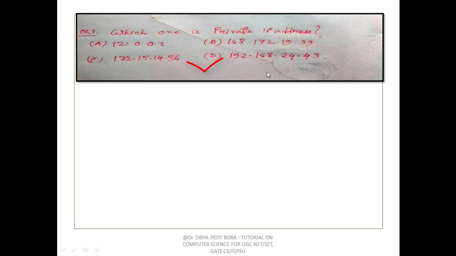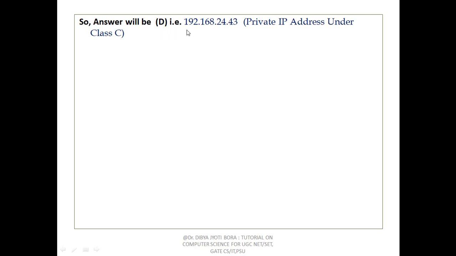So this is a class C private range. Of course, what will be our answer? The answer will be option D, 192.168.24.43, a private IP address under classes.